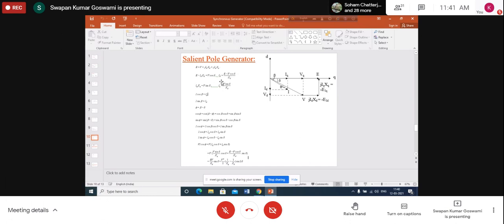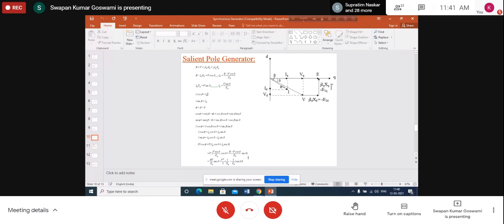We are finding it because it will be required afterwards while we shall be deriving the expression for active and reactive power. Now similarly, let us see how much is V sine delta. V sine delta is this length, and this length is equal to IQ if we consider only the length.